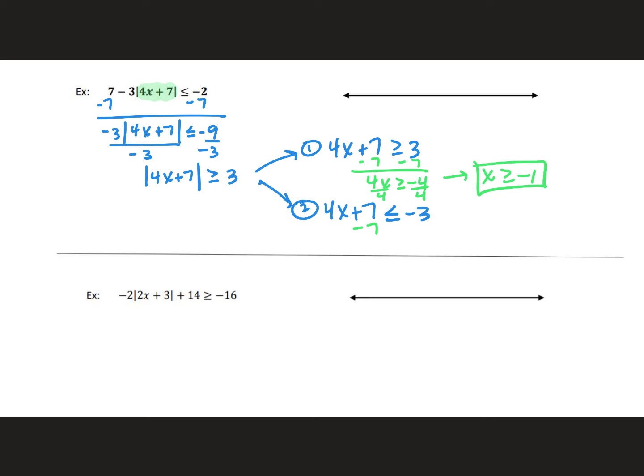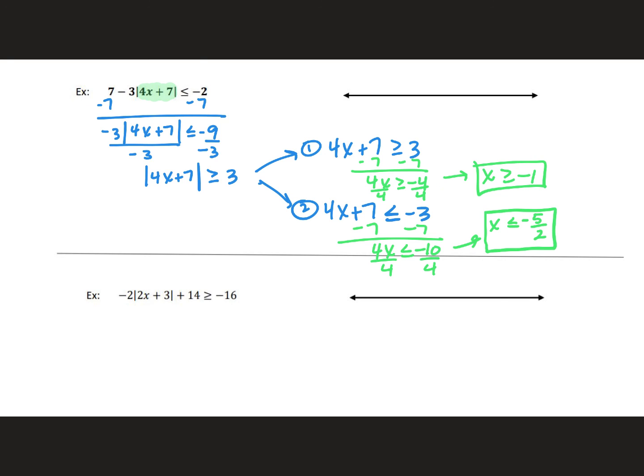For the second one, same idea, subtract 7, 4x is less than or equal to negative 10, divide by 4, and I get x is less than or equal to negative 10 fourths, which is the same thing as negative 5 halves.